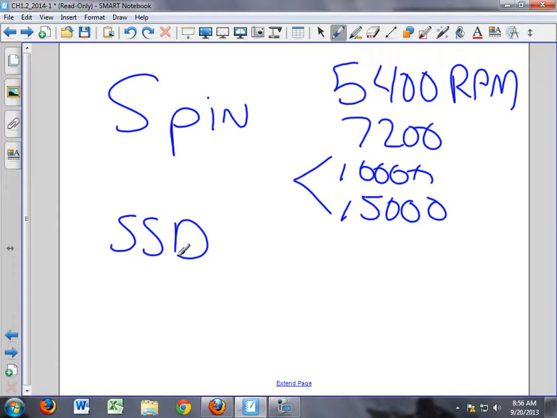So we have those kinds of drives in the school. Every single teacher's computer has a solid state drive in it, and most of the laptops have solid state drives in them now. That's why they load so much faster, because it goes to load the operating system and goes bonk.